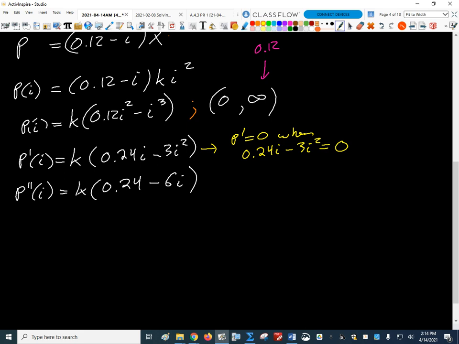Let's just factor out I. And so I get the critical numbers I equals 0, which obviously isn't probably going to be our answer, but that's one critical number. Or I equals 0.08 if I set this equal to 0 and solve.